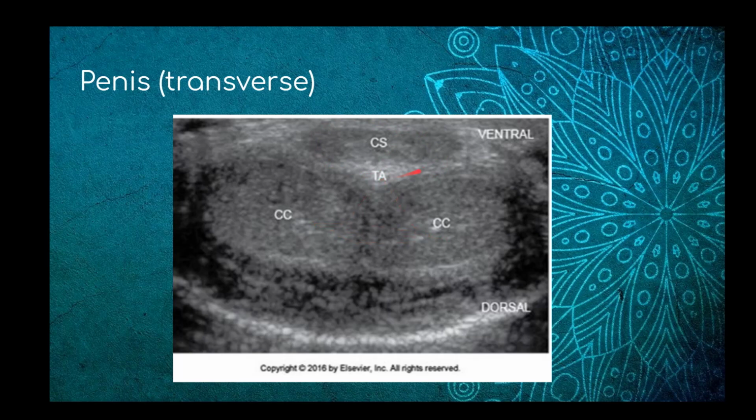This is the tunica albuginea, the brighter white line. We can see that it only covers part of the corpus spongiosum and that it covers all of the corpus cavernosa. So this is where it's important to remember what's ventral and what's dorsal. We want to make sure that we're coming at the right angle and are able to label our parts appropriately.